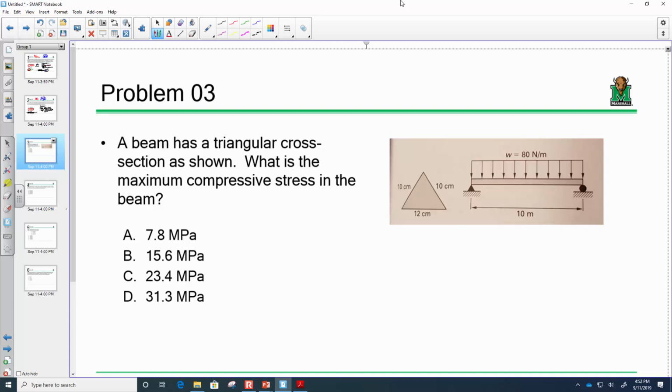Torsion tells us that the shear stress is TR over J. That's the fundamental formula for the stress due to torsion. There is a third and fourth related to bending and shear. The bending one, sigma equals My over I. That's a big one, right?